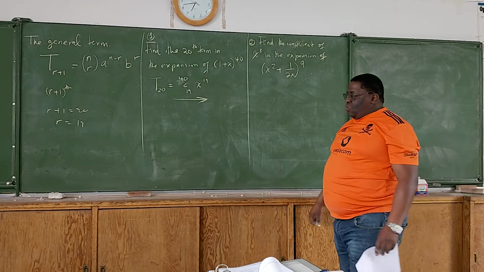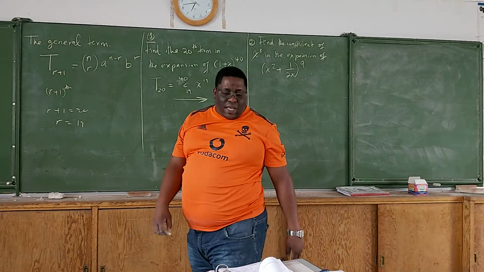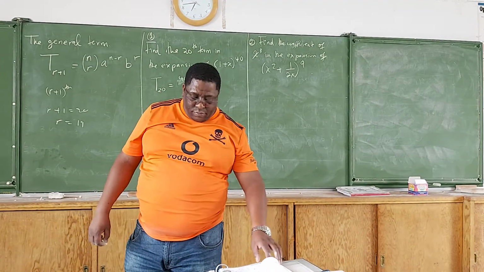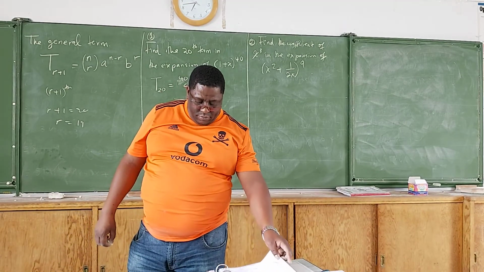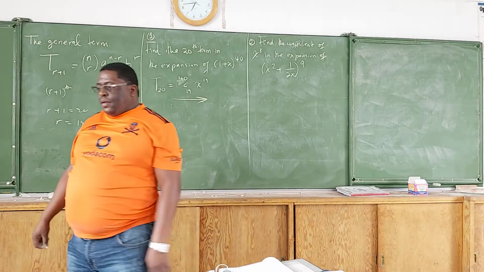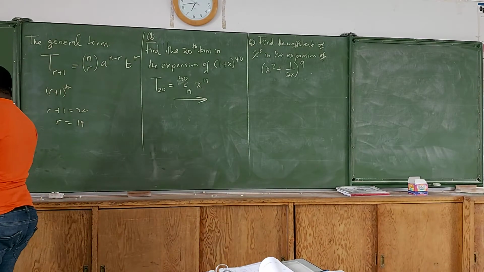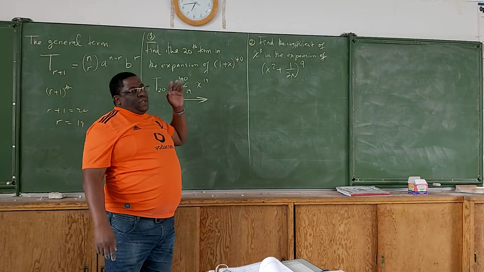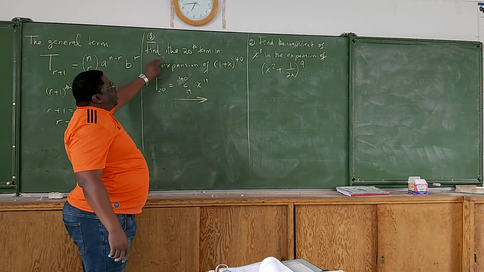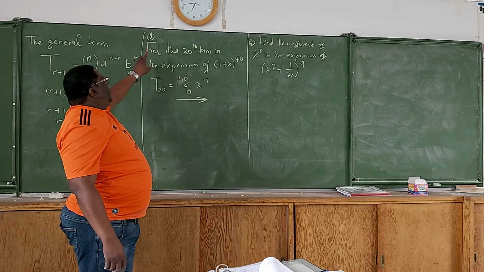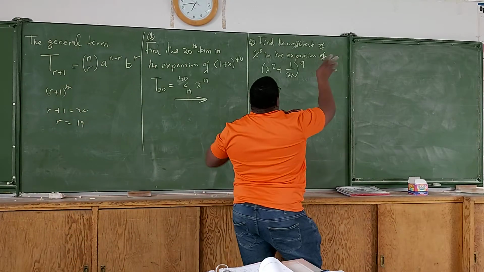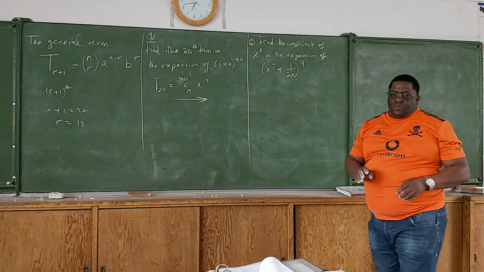The key question you must ask yourself is, what do you think the key question is? What is the difference between these two questions? Find the 20th term in the expansion, good. Find the coefficient of x cubed.